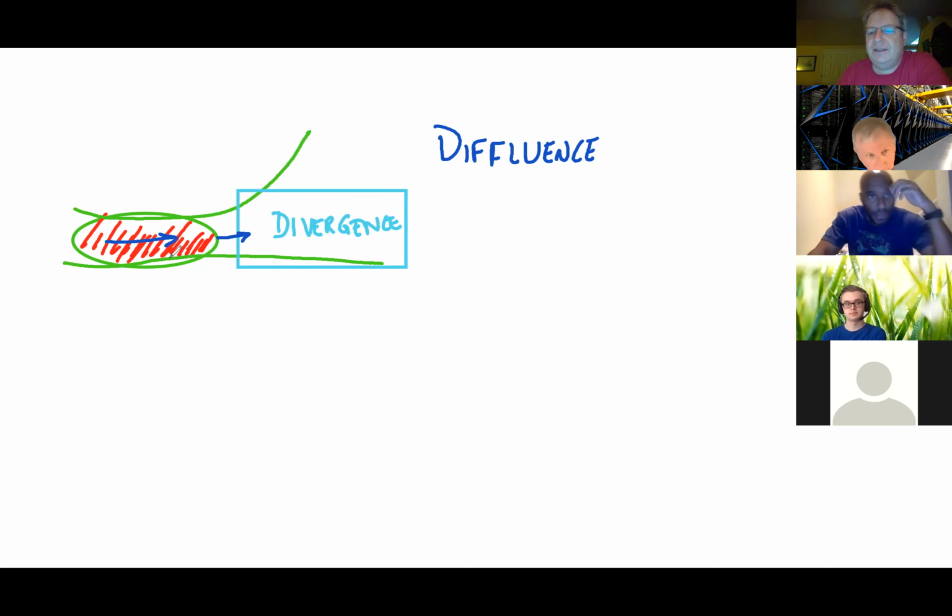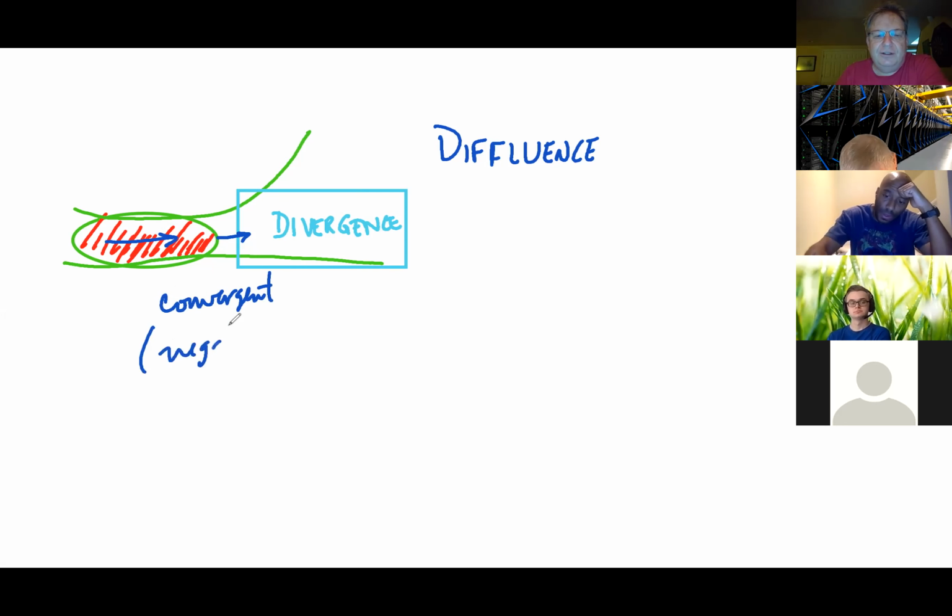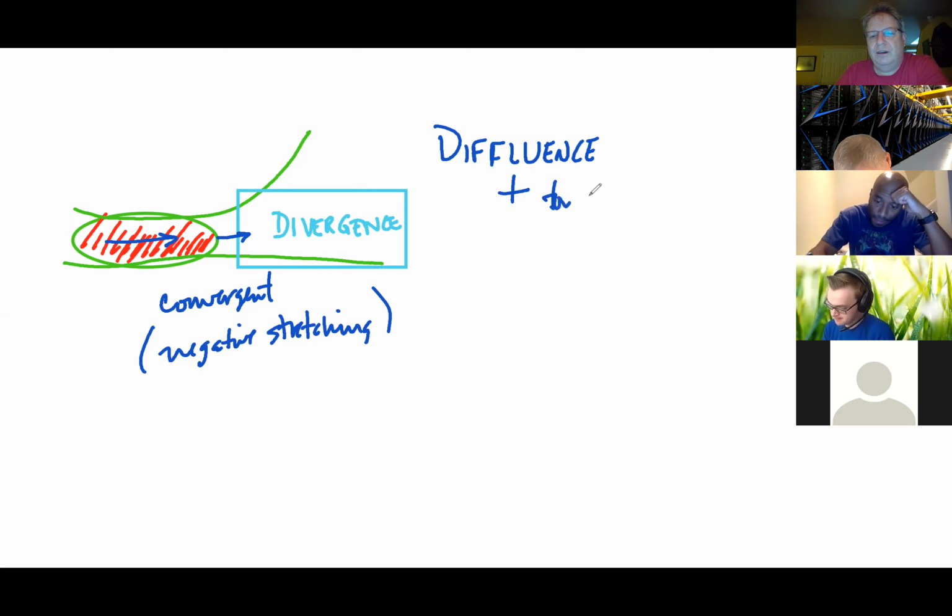Is that stretching? It's the opposite. It's convergent, isn't it? And we can't say convergent even though that's what it is, because it's the opposite. So really what you would say is negative stretching or shrinking or something like that, right? Which means that this term can be positive toward divergence.